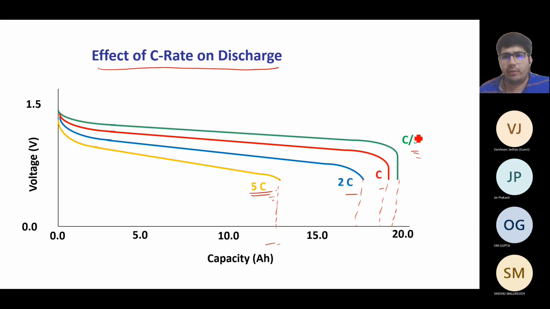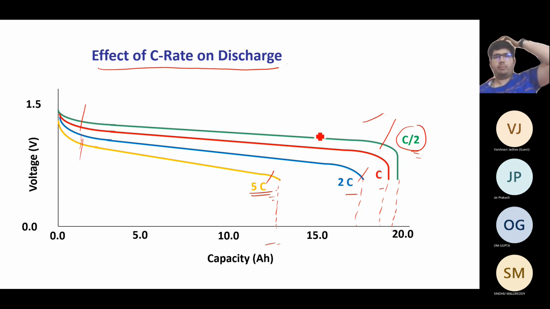So if you are having C by 2, we can get a more stable output of voltage as compared to the 5C and other C rates. At a lower C rate, we get more stable performance from the battery, because you can see this straight line.